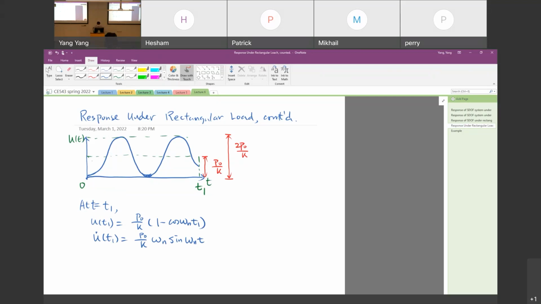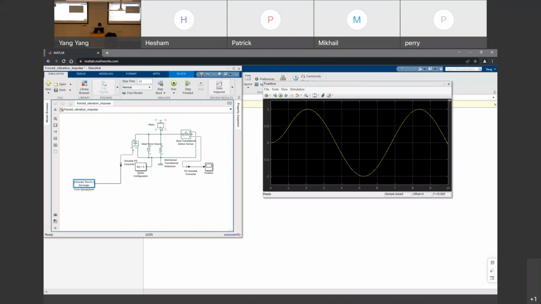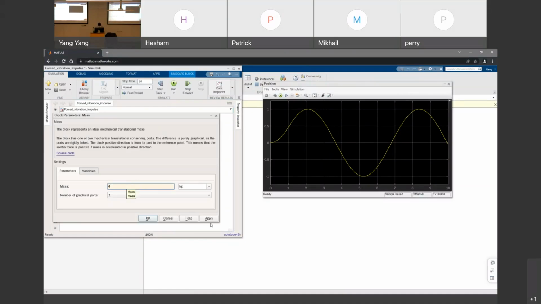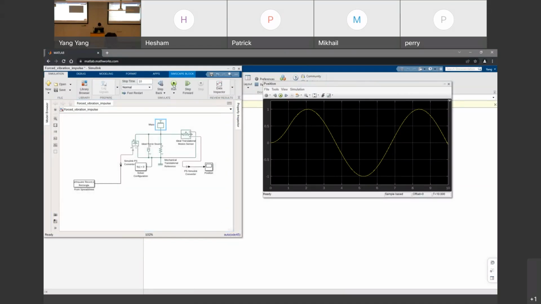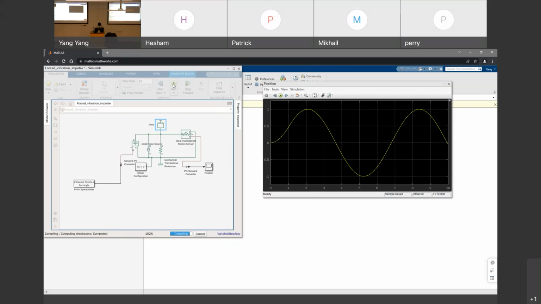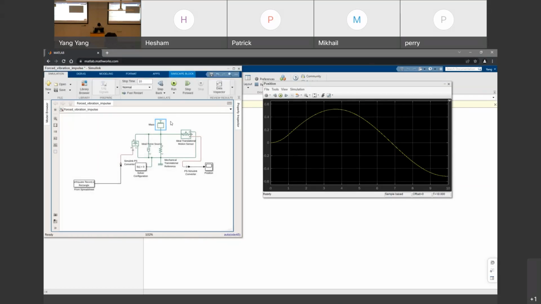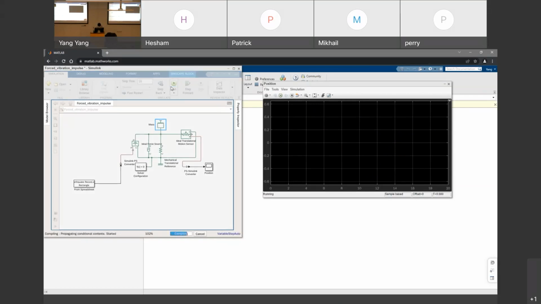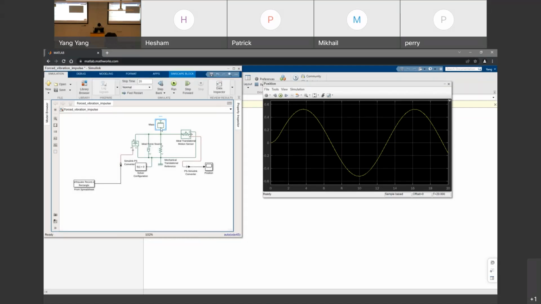See the forced vibration, of course. If we change the natural frequency of the system, for example change the mass to 4, we have this.